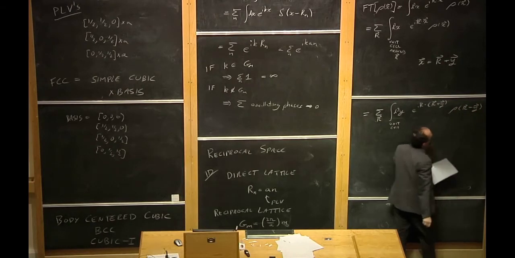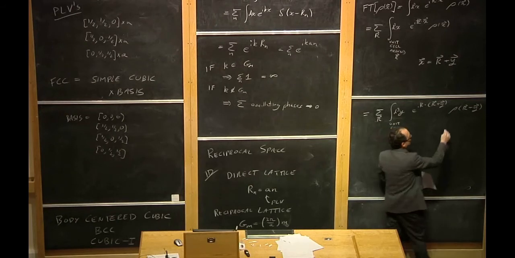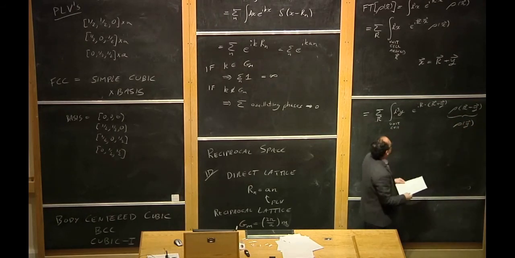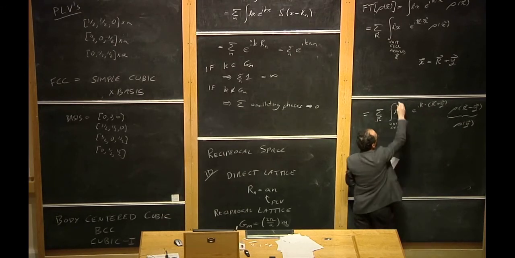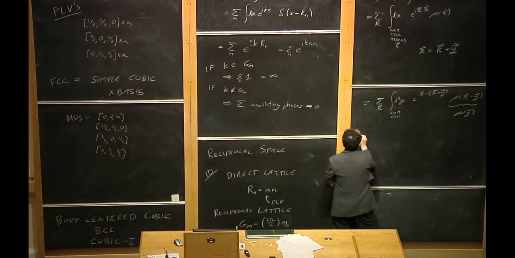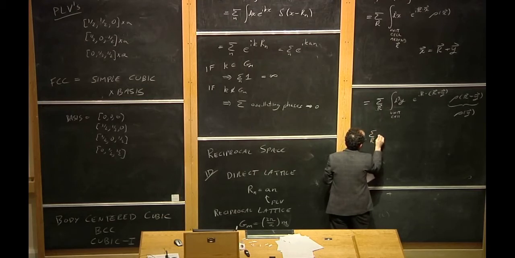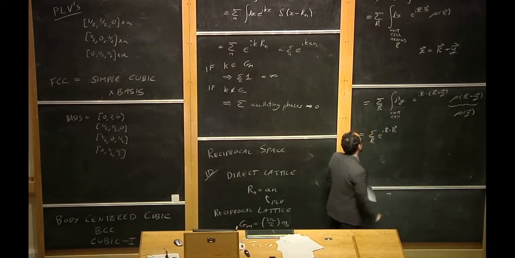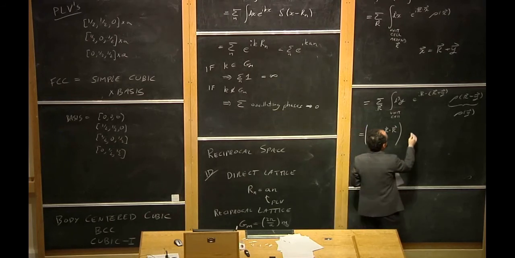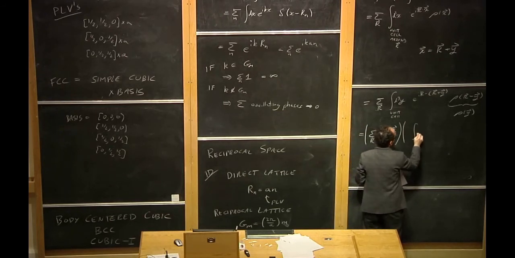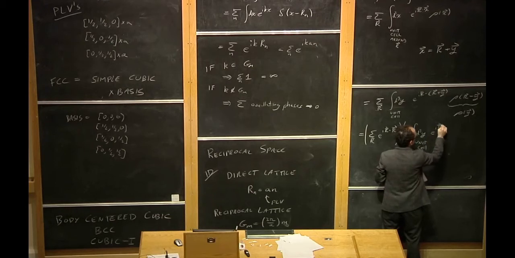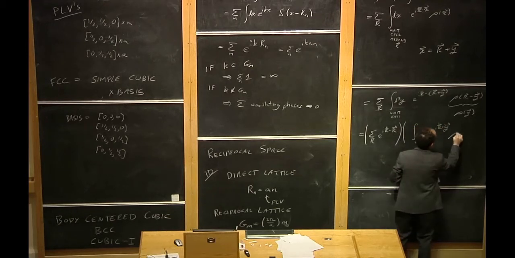Now, rho is periodic, so rho of r plus y is the same as rho of y. So that makes that easy. Then I can factor out the e to the i k dot r term, and I get the sum over r of e to the i k dot r, in parentheses, times, in parentheses, the integral d3y over the unit cell of e to the i k dot y rho of y.